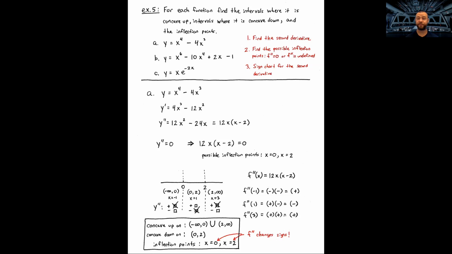Again, the second derivative changes signs, now from negative to positive at x equals 2. And what that means is our two possible inflection points, both of them actually are inflection points. We have to use our sign chart to confirm that there is a change in the sign of the second derivative for us to say that there is an inflection point somewhere.